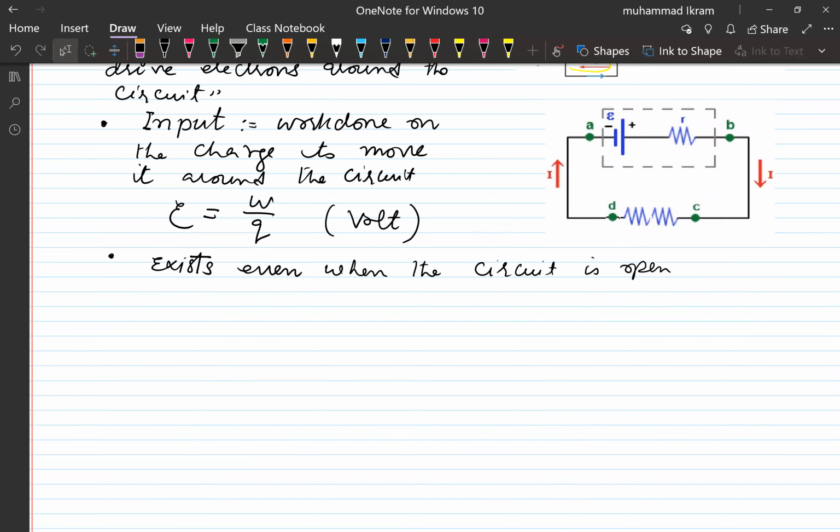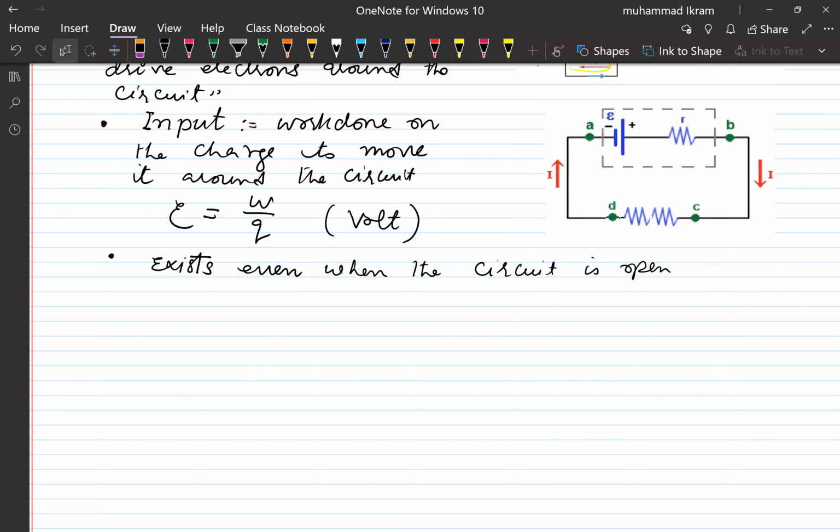There are the sources of the electromotive force also, and the sources include batteries and cells. A cell is one unit of electricity and converts chemical energy into electrical energy. Batteries consist of two or more cells together, either combined in series to provide greater potential or in parallel to provide greater current.